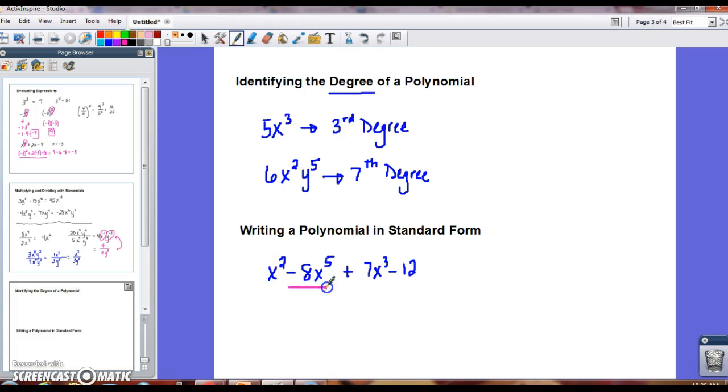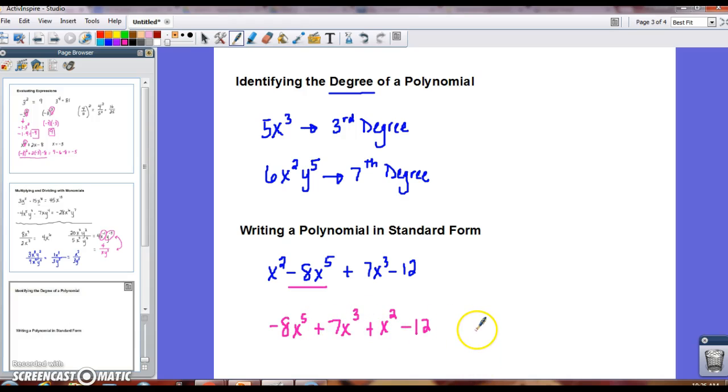So my first term here is going to be negative 8x to the 5th, and then my next largest exponent is the x to the 3rd. So I have plus 7x to the 3rd. My next largest exponent would be the 2, so I have plus x squared, and then I have negative 12.